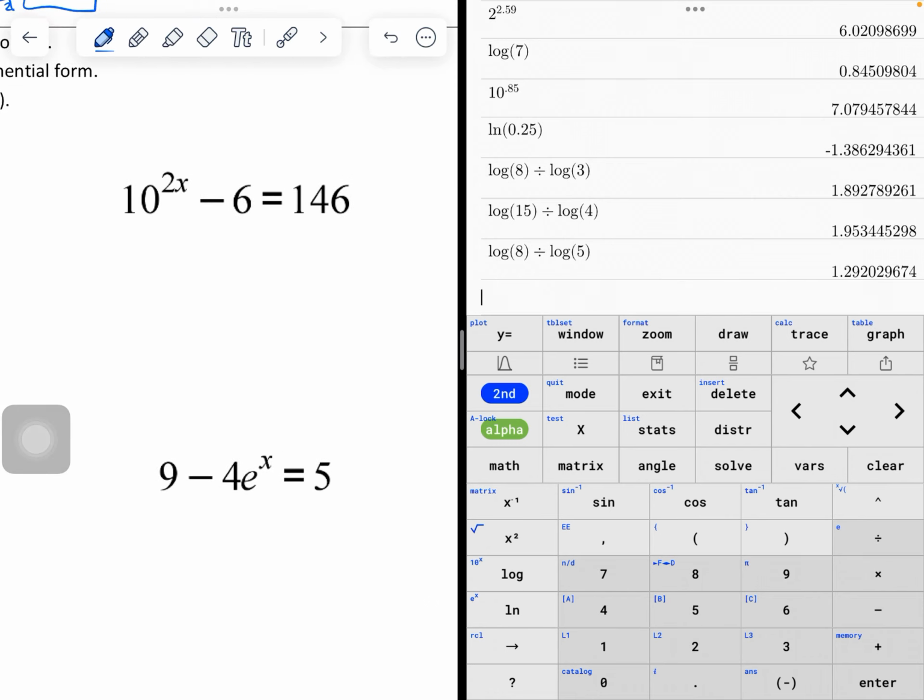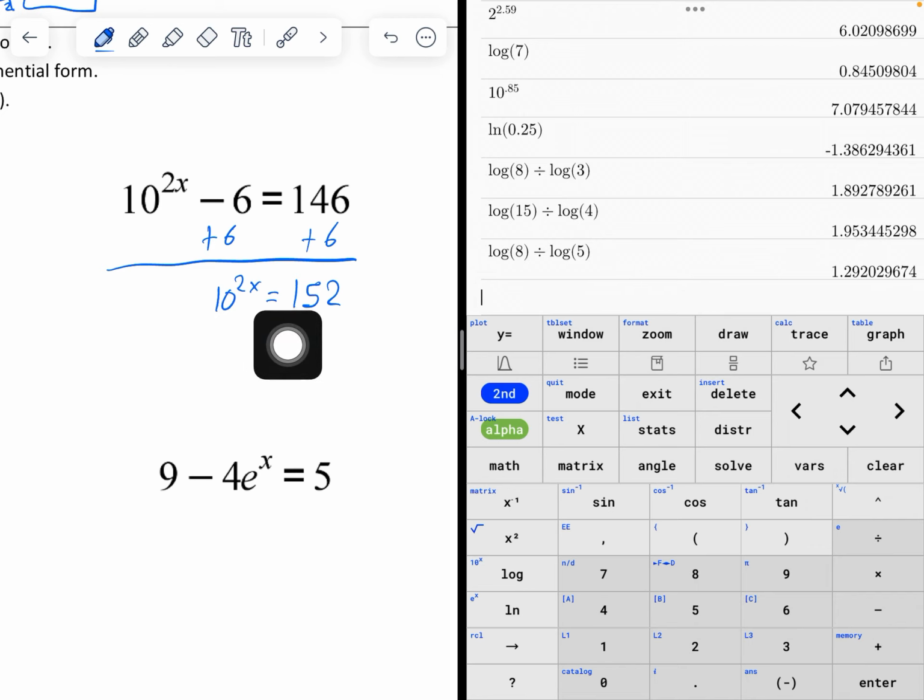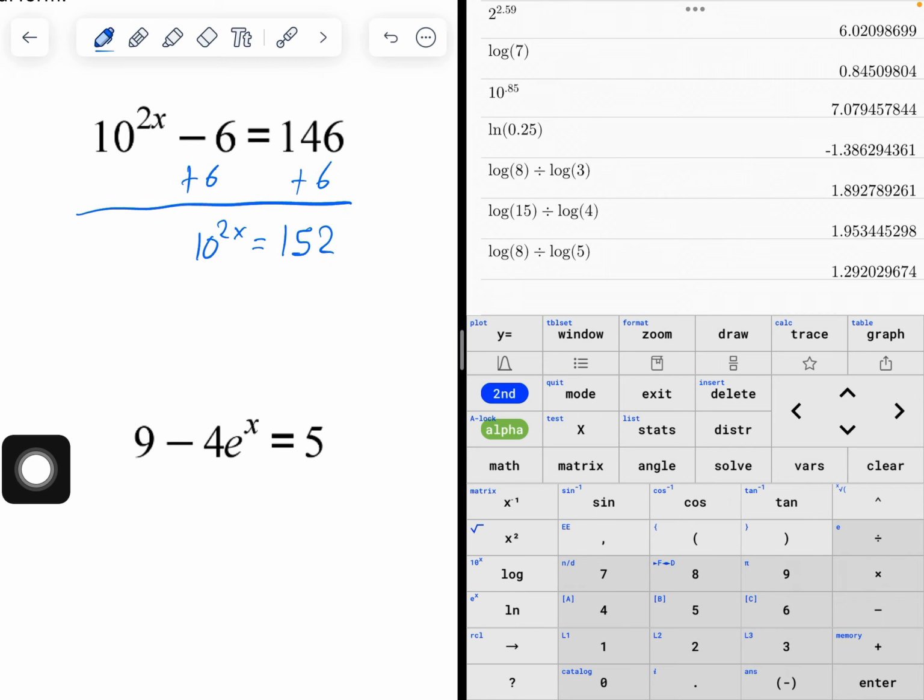Next one, again, we want to isolate first. So let's add the 6. We get 10 to the 2x equals 152. Then we should rewrite as a log, because we're going to get stuck here. We don't know what 10 to some power equals 152, and we can't rewrite 152.